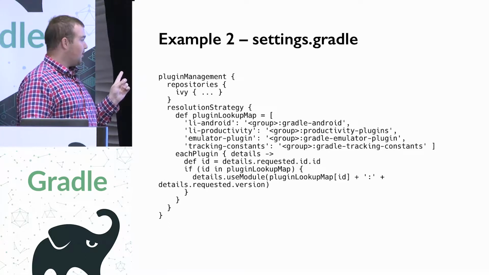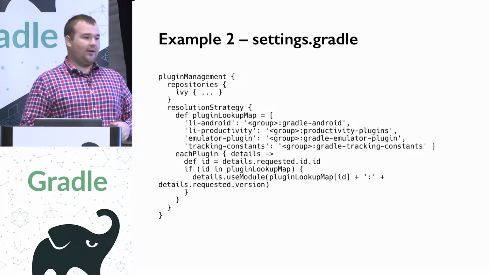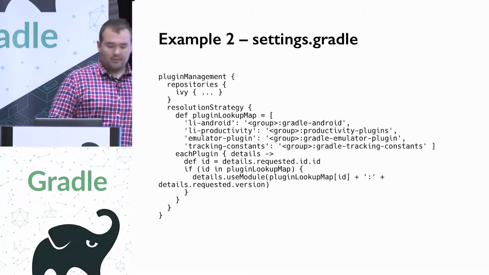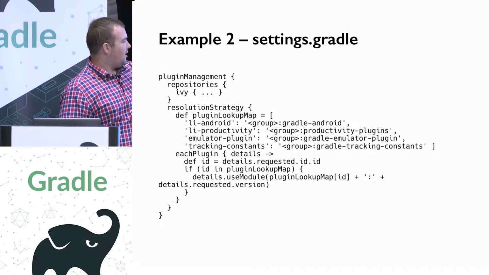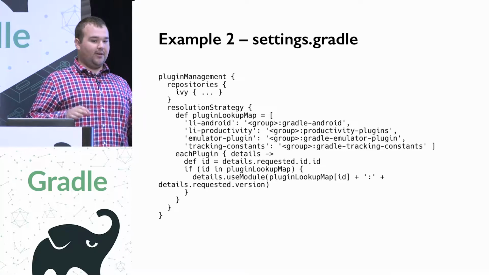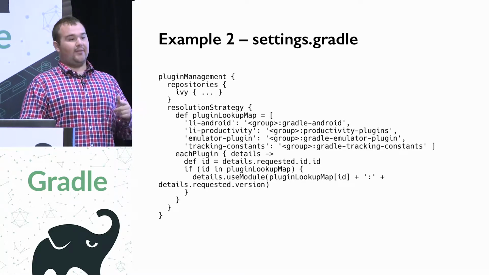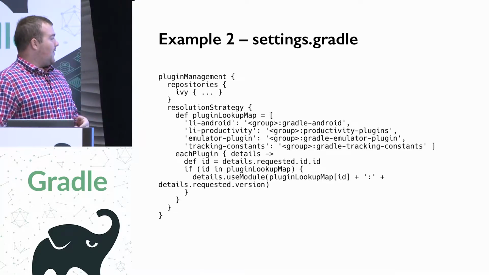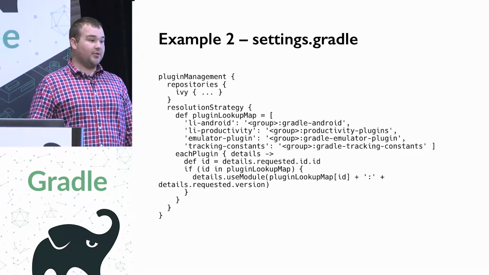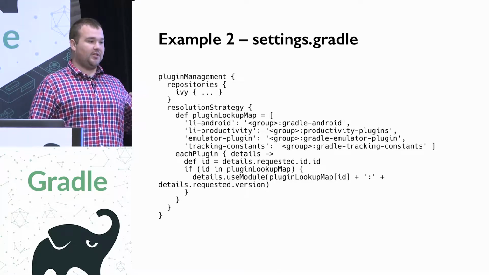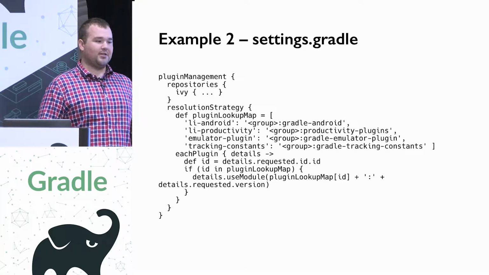I'm not including the version here because the user is going to specify the version they want to use, so that I don't have to keep updating this map forever. So basically you see the map, plugin name, groups. I've omitted a bunch of stuff for readability on slides, but we'll look at it live and do some demos in a bit. Then I look it up in the map, append the colon and the version that you specified, and Gradle, when it does the resolution, will pull that artifact from Artifactory, put it on the classpath, and magic will happen.